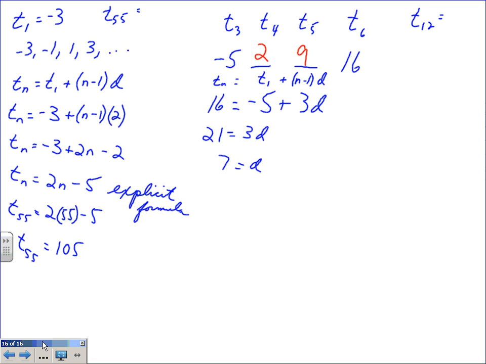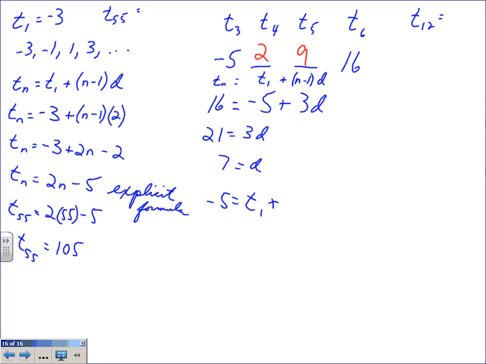Can we find T1? What is the first term? Because I need the first term in order to find the 12th. Let's find the first term. Now we go back, and the third term is -5, equals the first term, which I don't know, plus n minus 1.